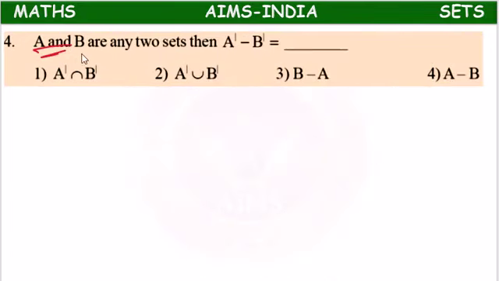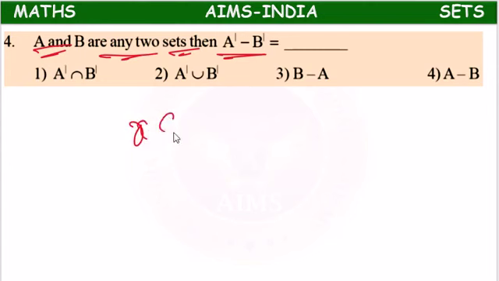Next, A and B are any two sets, then A dash minus B dash is. So what is the formula value for A dash minus B dash? So what can we write?